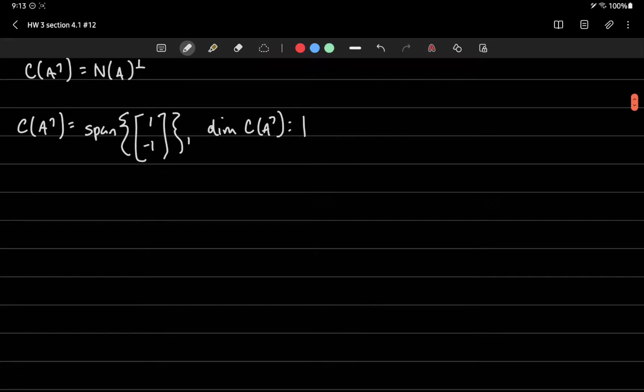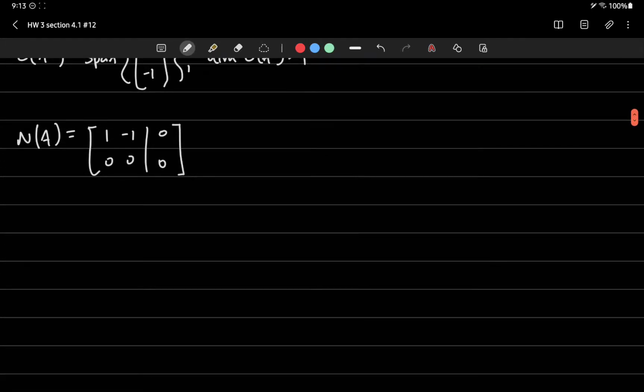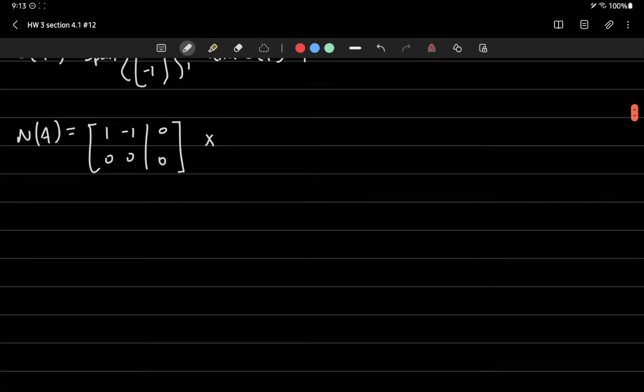Alright. For the null space, we'll just augment A with 0 and then solve for solutions there. So we look at this, the first component of the first row, x1, will be equal to x2 if we move x2 over.